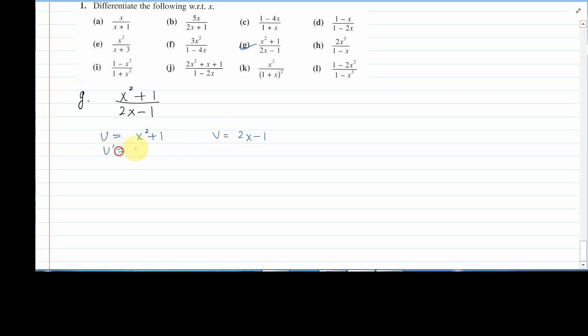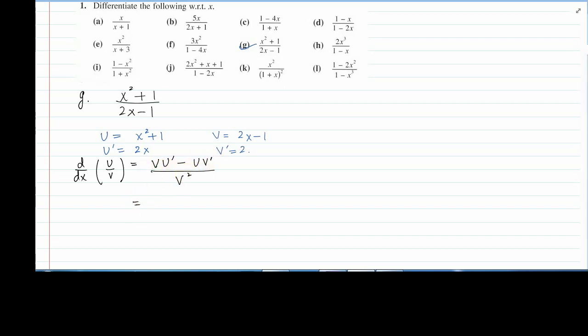Derivative of u is 2x only, and derivative of v is 2 only. Now the second thing, we apply the working formula: d by dx of u upon v is equal to v derivative of u minus u derivative of v divided by v square.